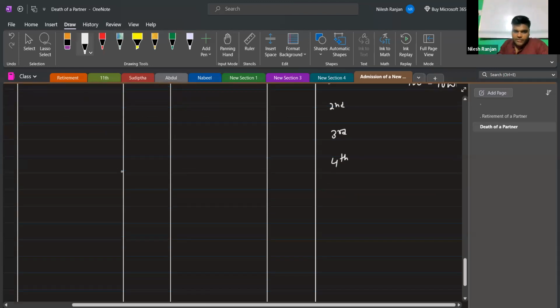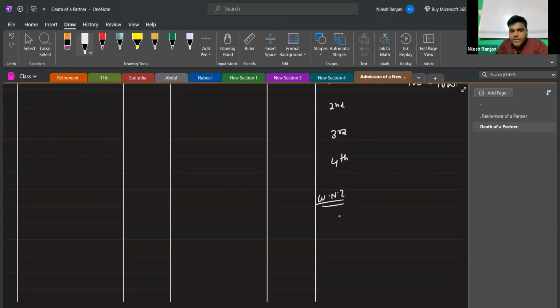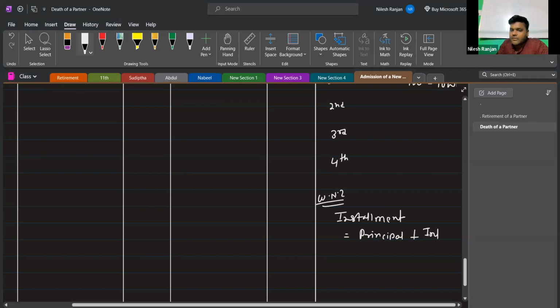Actually, first you have to understand that working note number 2, installment is always equals to principal plus interest. Is this clear?